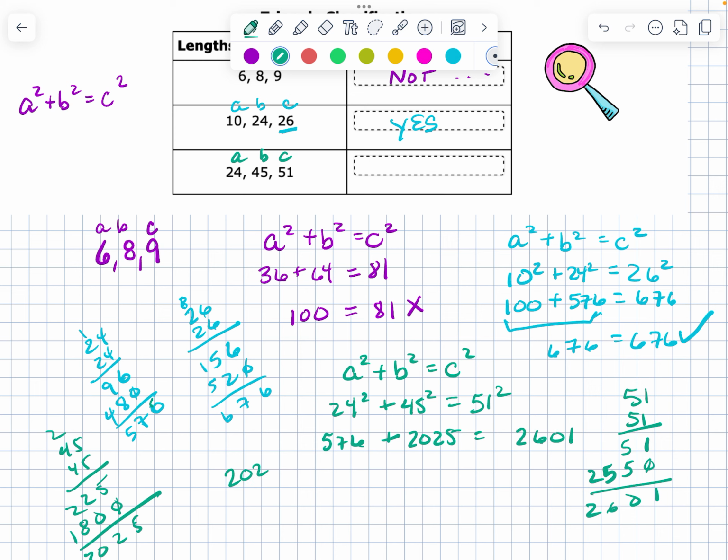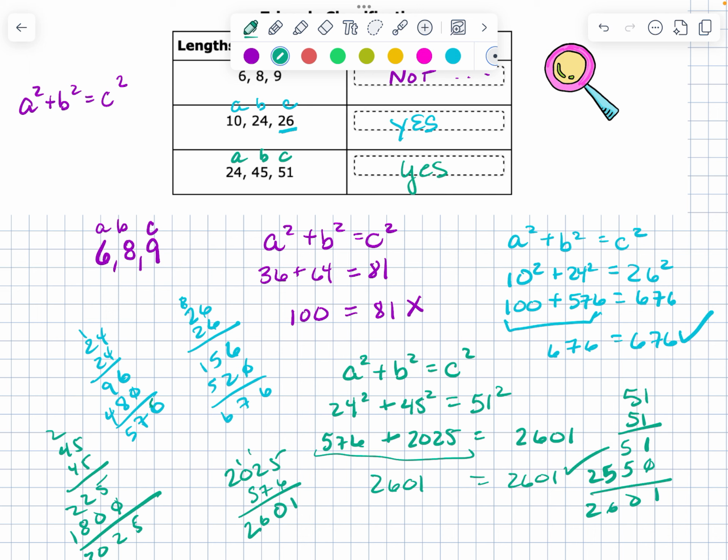And now I need to add these two together. 576 plus 2025 is 2601. Perfect. So 2601 is equal to 2601. That is a right triangle.